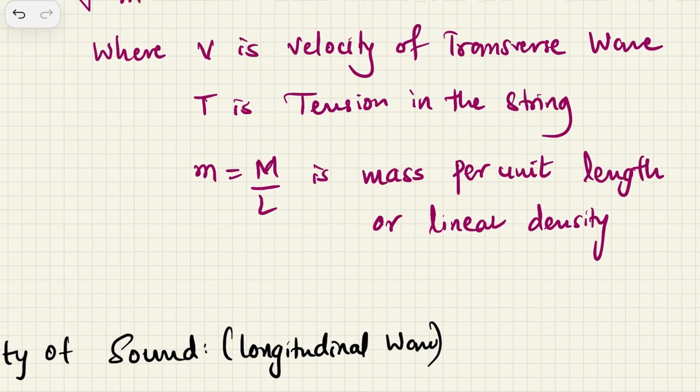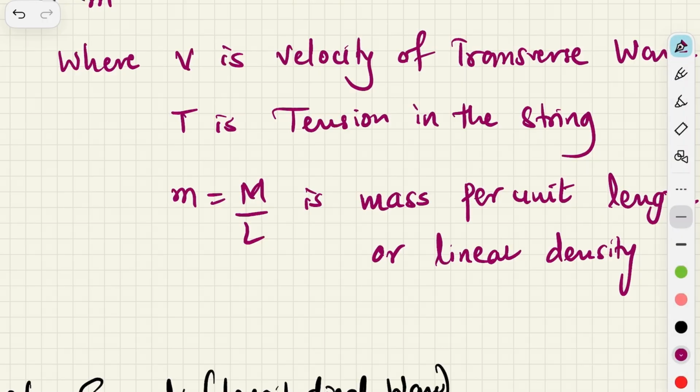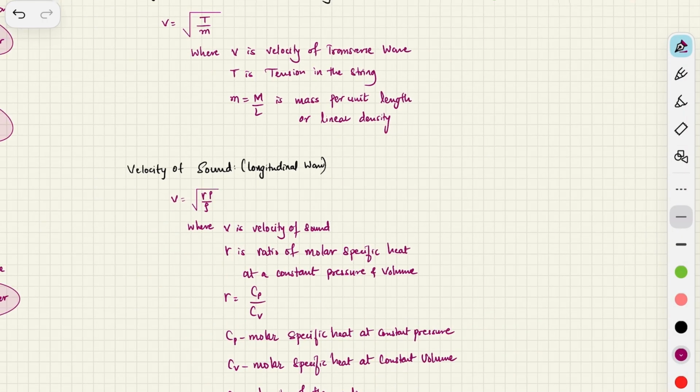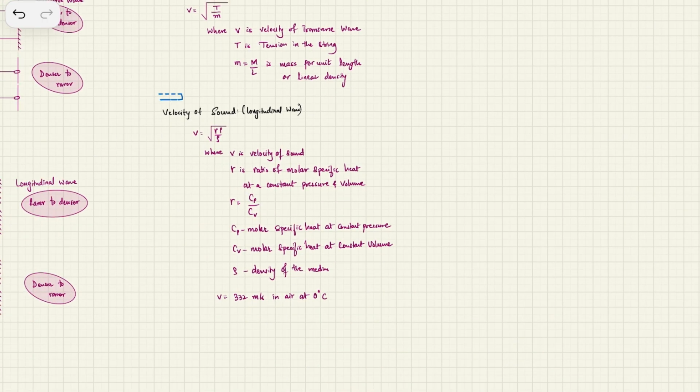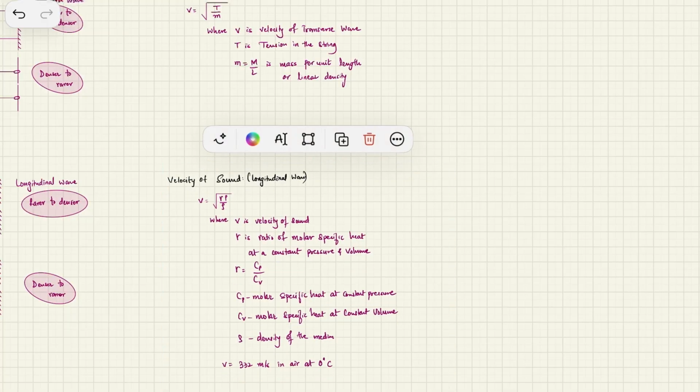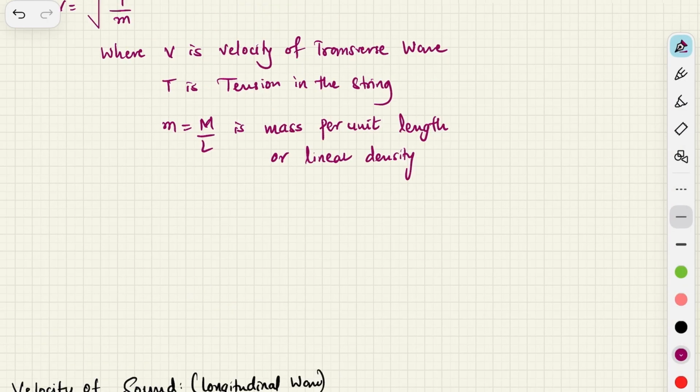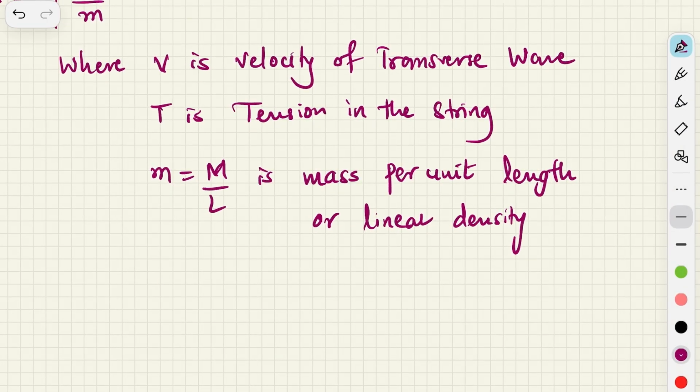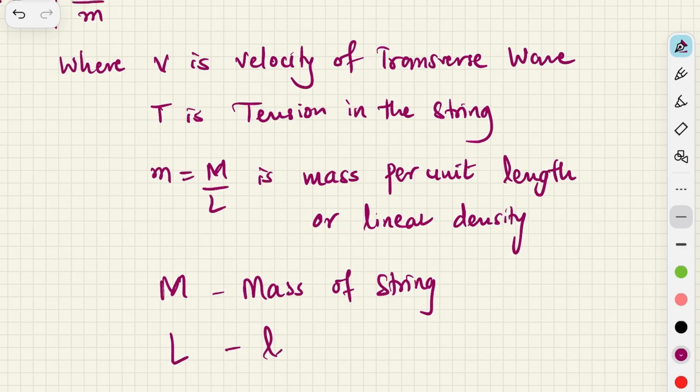Now I have not written it over here, but we should have written it somewhere around here. I'll just make that. This capital M is basically the mass of the string, and L is the length of the string.